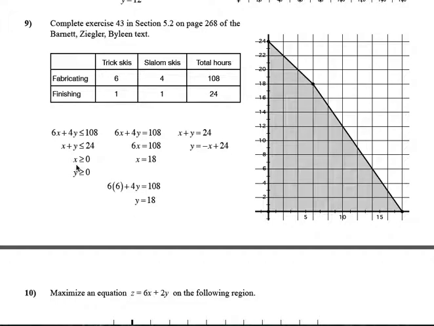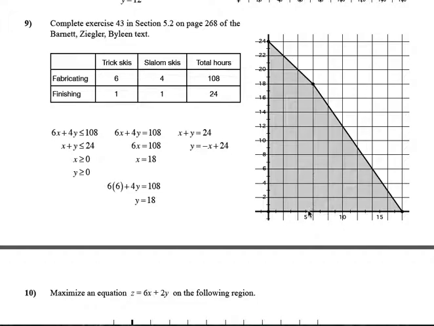And of course, the number of trick skis is at least 0, so x is greater than or equal to 0. The number of slalom skis is at least 0, so we have that inequality as well. y is greater than or equal to 0. And so to plot the feasible region, of course, we're going to be shading the area to the right of the y-axis, because those are all the values of x that are greater than or equal to 0.